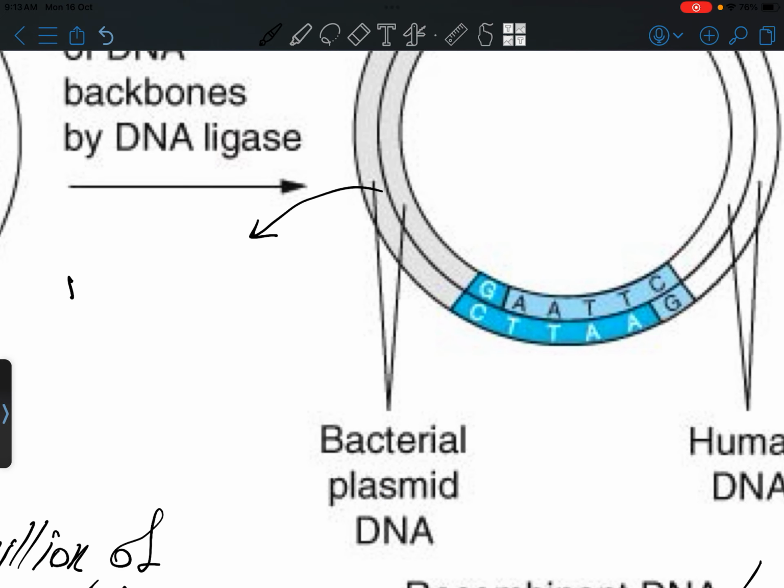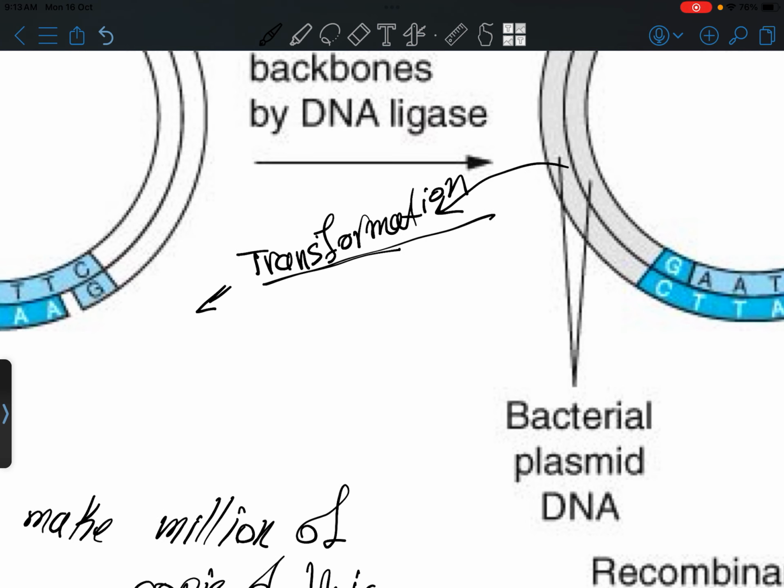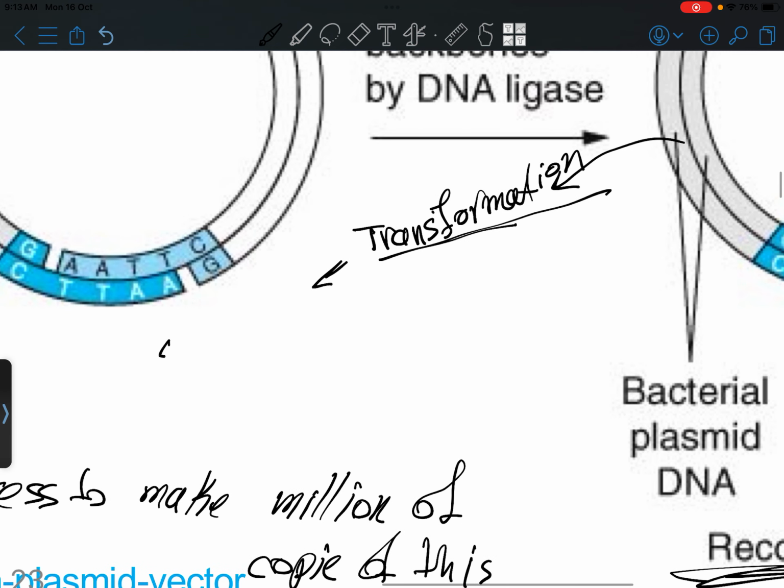We have to select the bacteria that will have my plasmid. First we insert it inside the bacteria, then selection. So, getting new recombinant DNA inside bacteria is called what? Transformation.